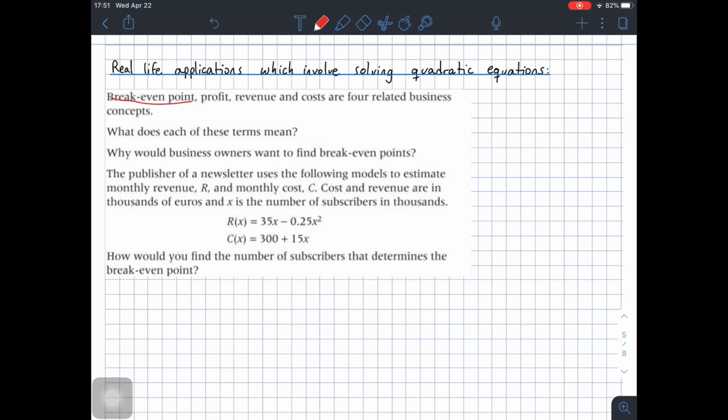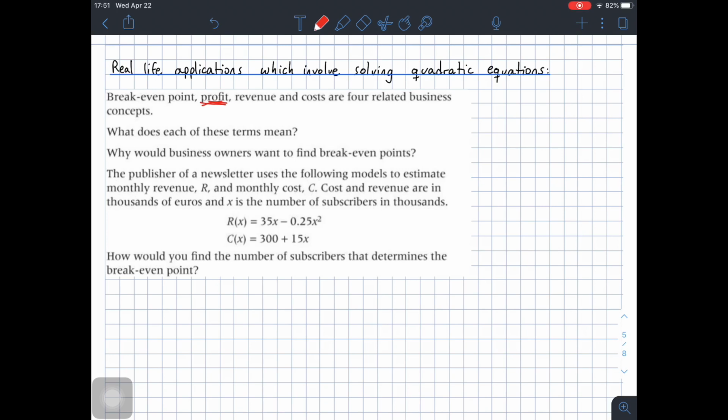Okay, so break-even point is basically the point where my profit is zero, and my revenue is the same as my cost. This is something that maybe you are studying in business with Mr. Rich. So profit is my utility or my ganancia, we would say, right?